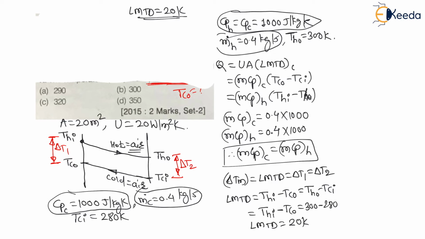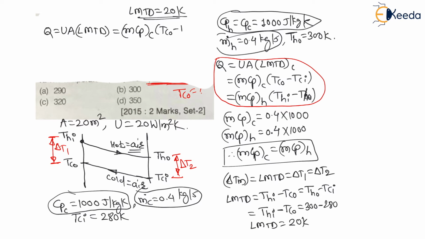Now, my dear students, as you have calculated this LMTD, let us use the heat transfer formula. Let us equate these formulas. Therefore, we can say the heat transfer Q is equal to UA delta Tm, that is LMTD, which is equal to mCp of cold into TCO minus TCI, which is equal to mCp of hot into THI minus THO.